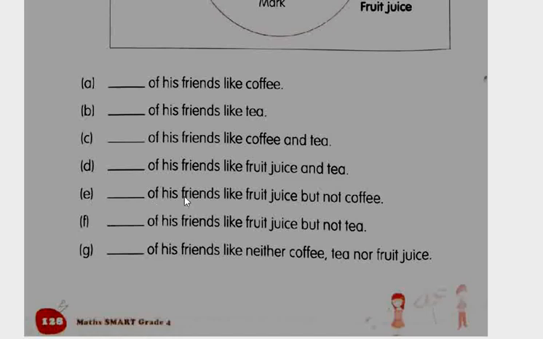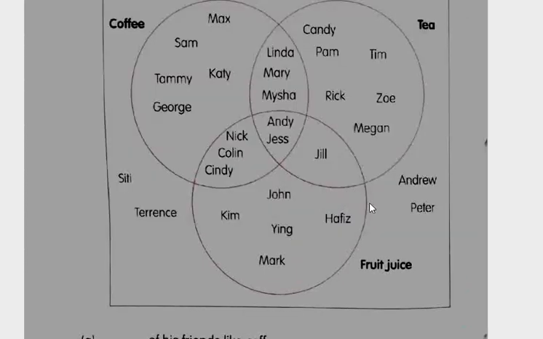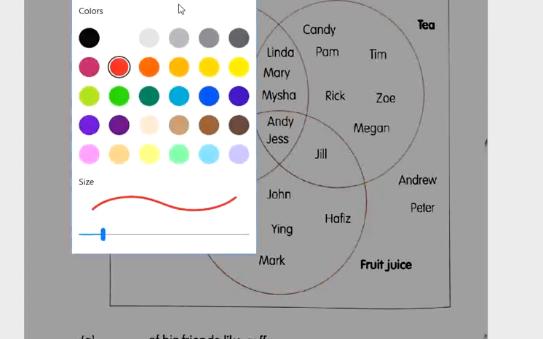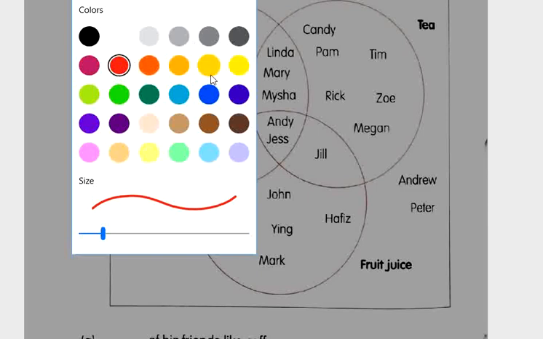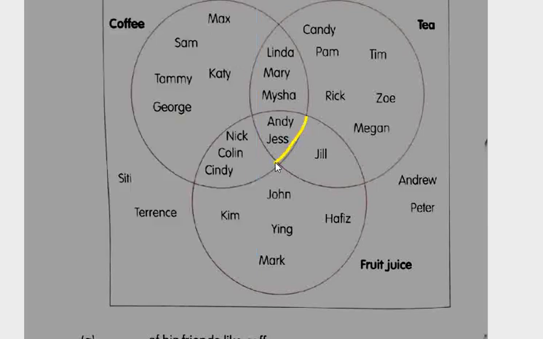Question E. How many of his friends like fruit juice but not coffee? Like fruit juice but not coffee. Okay, since the third circle is the circle for fruit juice, we remove the part that belongs to the first circle, right?